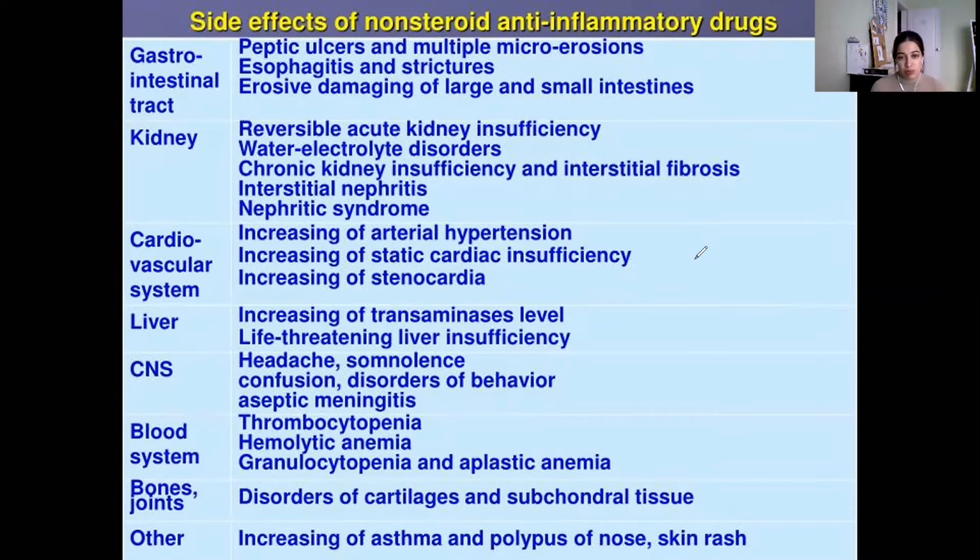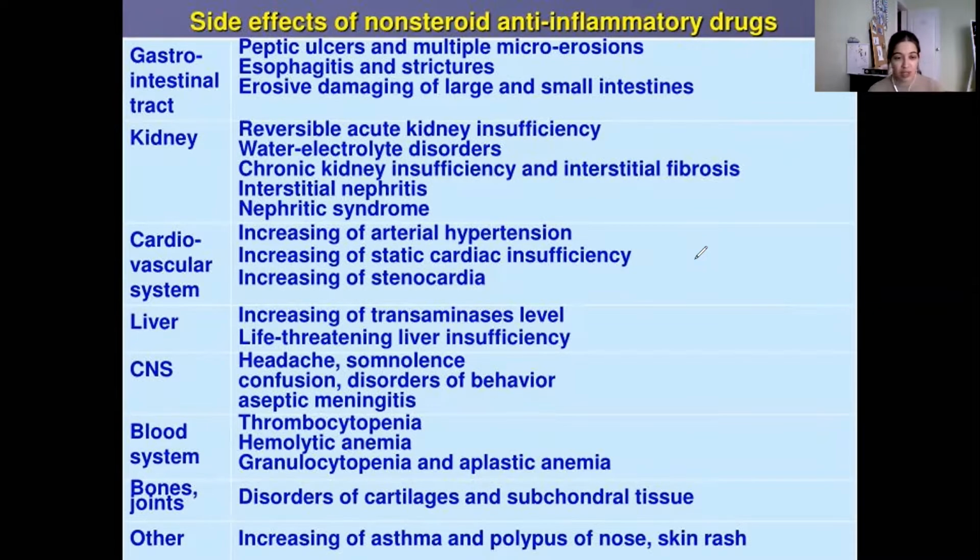In the liver, it will be increasing of transaminases level, and in CNS it can lead to headache, but this is the effect which can happen with every drug, because these painkillers are used to treat headache, not to cause headache, okay?